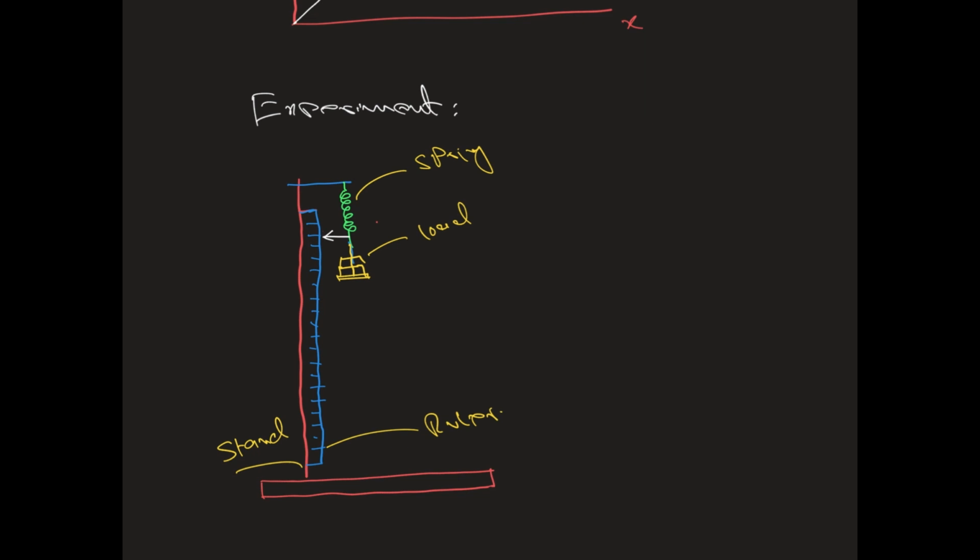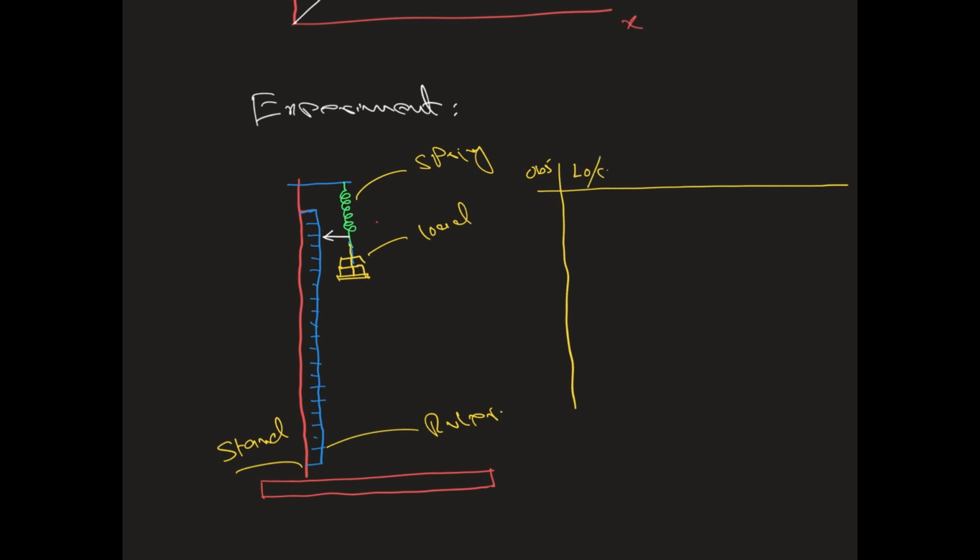Now how to perform the experiment? Here we are going to draw an observation column. Observation number. Initial reading, say L0.